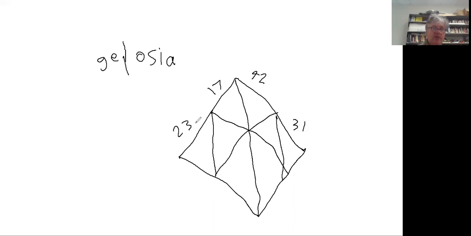So we would do the 23 times 42, which remember was 966. So we write the 6 in there, and the 966 was that 16, wasn't it?